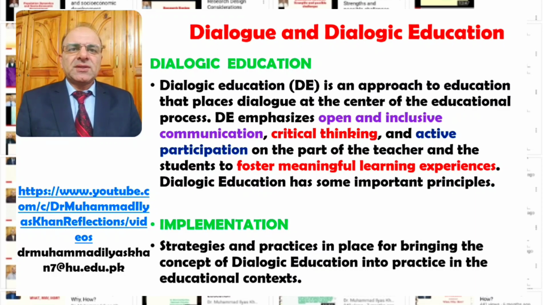The emphasis of dialogic education is on open and inclusive communication, critical thinking, and active participation on the part of the teacher and the student, so that the process of education is made more meaningful as a learning experience for students.